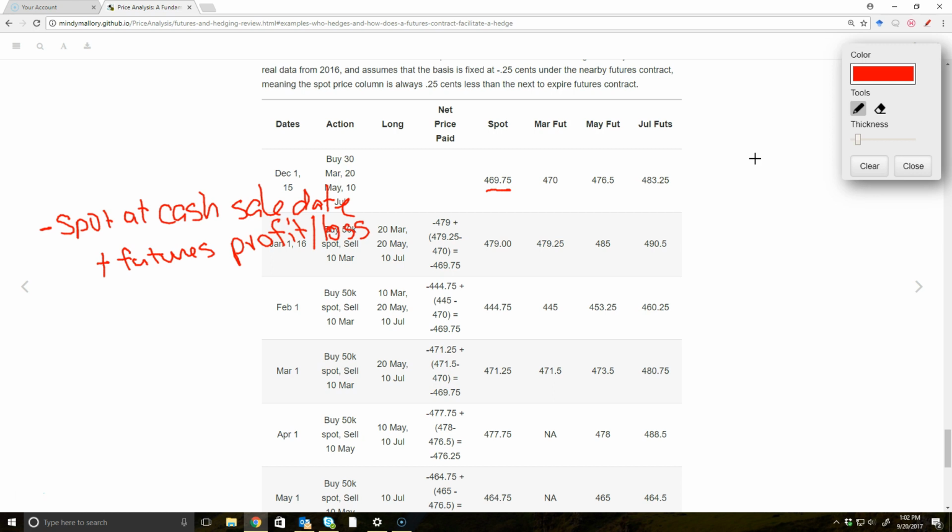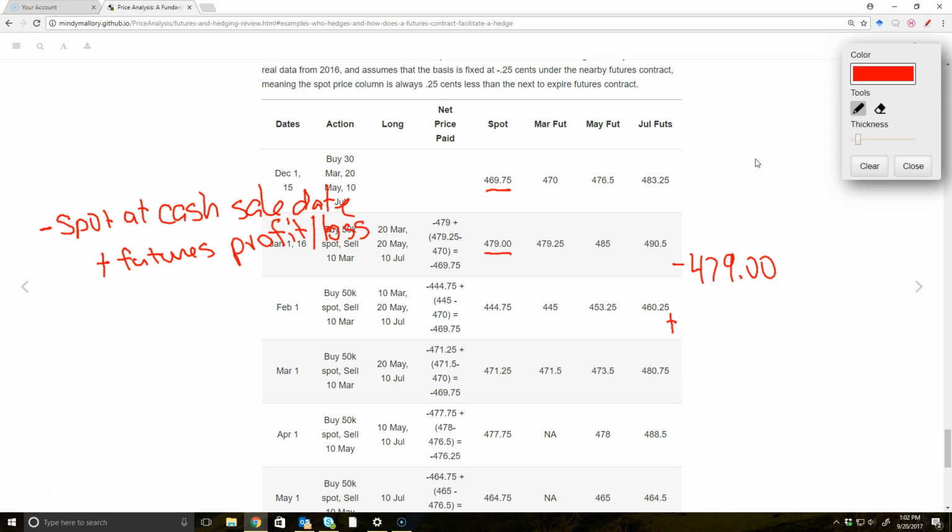Okay, and you see that's exactly what we get, right? So the spot price is $4.79, so I'm going to get minus $4.79, that's my minus the spot price, plus my futures gain or loss, which is always going to be the sell price minus the buy price.